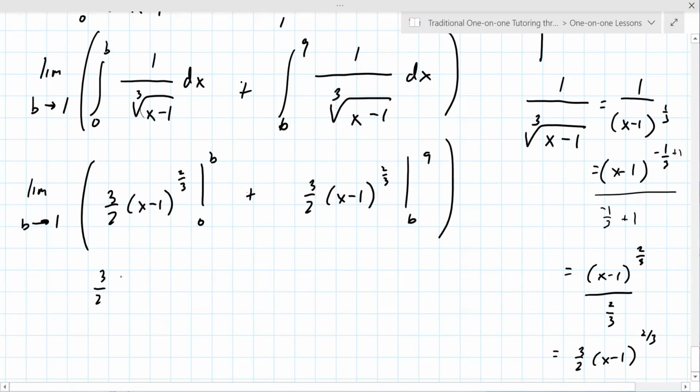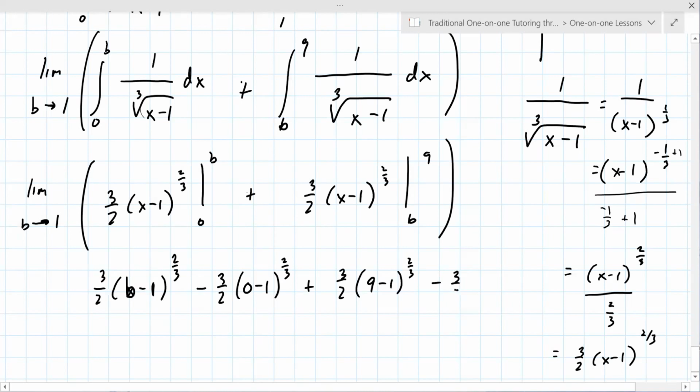So it's 3/2 times b minus 1 to the 2/3 power, minus 3/2 times 0 minus 1 to the 2/3 power, plus 3/2 times 9 minus 1 to the 2/3 power, minus 3/2 times b minus 1 to the 2/3 power. And just to be clear, it is not okay to say, oh, there's a 3/2 here and a -3/2 here, I can just cancel them. That's fail-the-course stuff in my book.